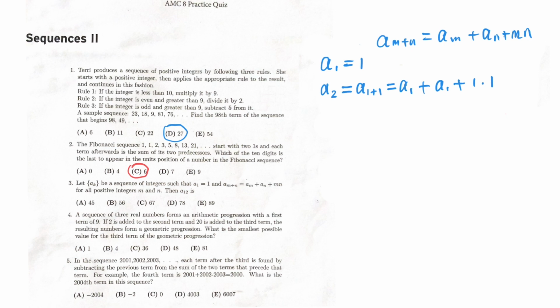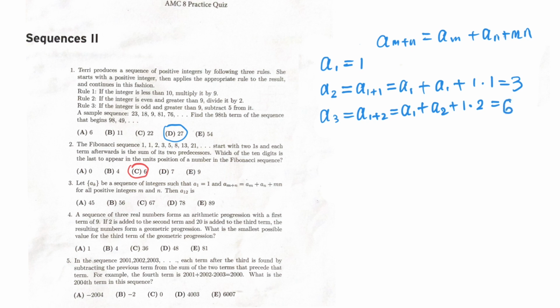So a_1 is 1, a_1 plus a_1 is 1 plus 1, plus 1. So a_2 equals 3. And a_3 equals a_(1+2), which equals a_1 plus a_2 plus 1 times 2, equal to 6.